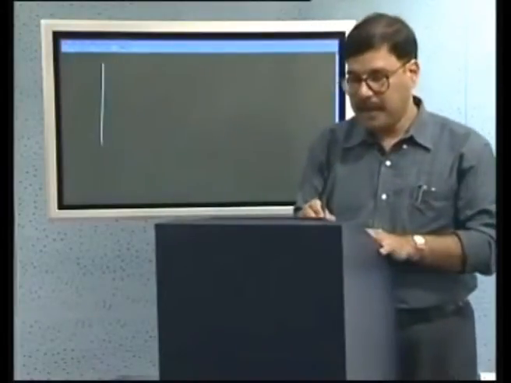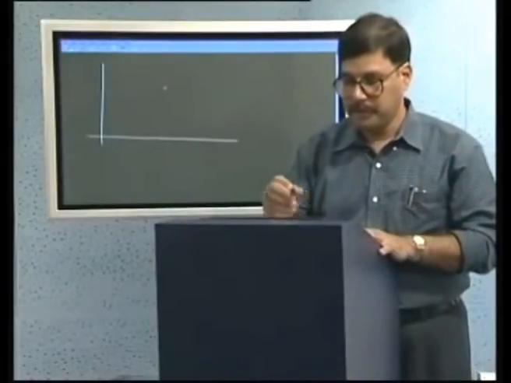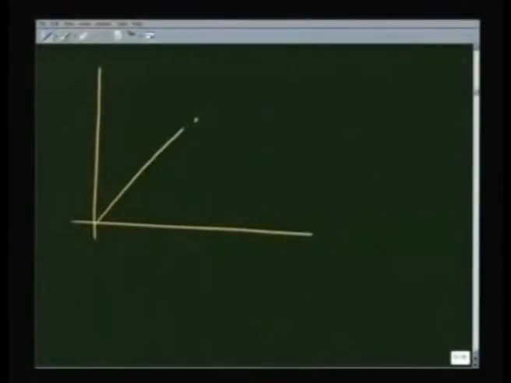In this system, if a particle is given at a point distance r from the origin, and the radius vector r is making angle phi from the x axis, I am going to describe this as position r and phi. As you can see, I am using two coordinates in a plane.